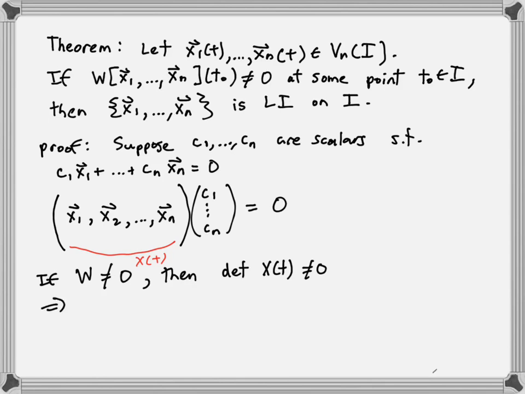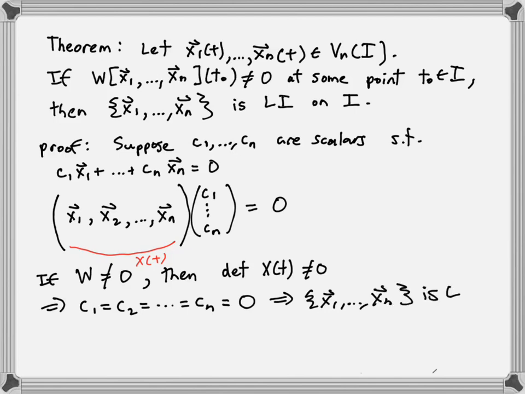And this implies that C1 equals C2 equals all the way to Cn equals 0, which implies that the set is linearly independent. So it's actually pretty straightforward. This just has to do with how we set up systems and what the determinant implies when you have an n by n system of equations, right?